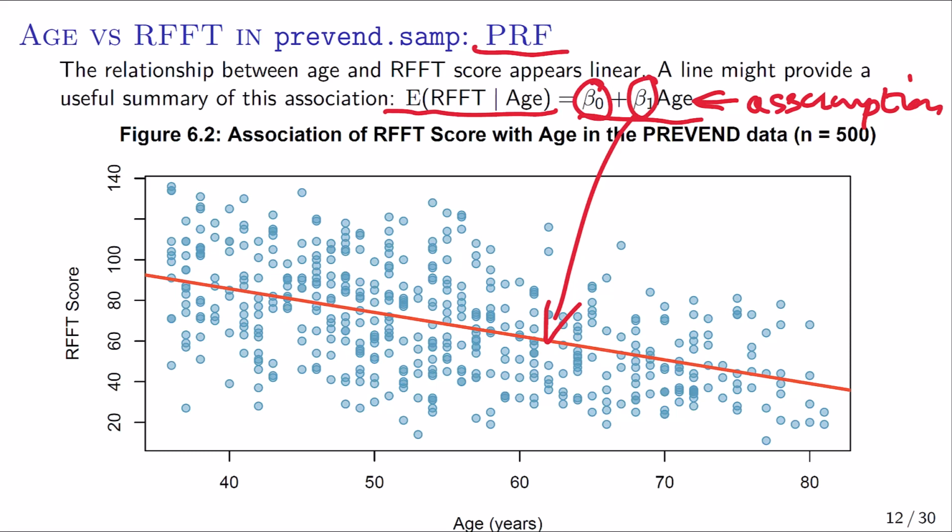We can only get the values of age and the value of RFFT from the sample, from the data. Is that correct? But we do not know the values of beta naught and beta 1. So here you could still think of this as an assumption. So obviously the rest of this lecture is about how we can get the values of beta naught and beta 1. That's the key for this lecture, I would say.